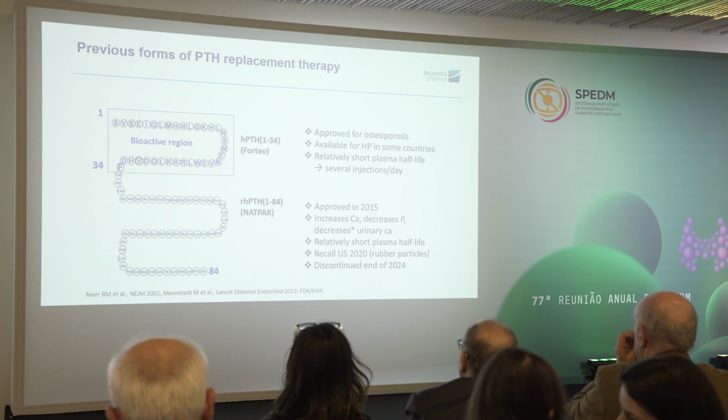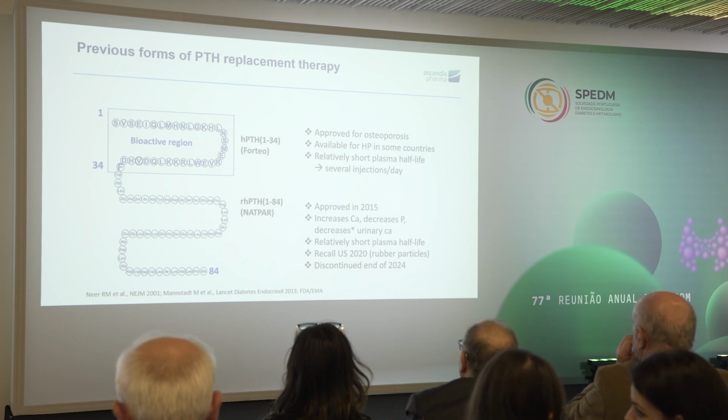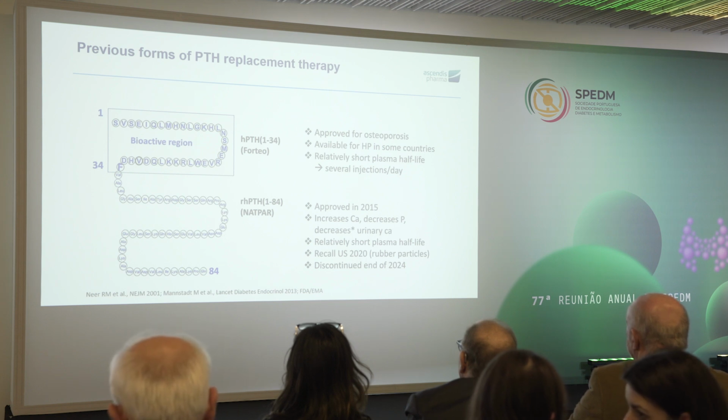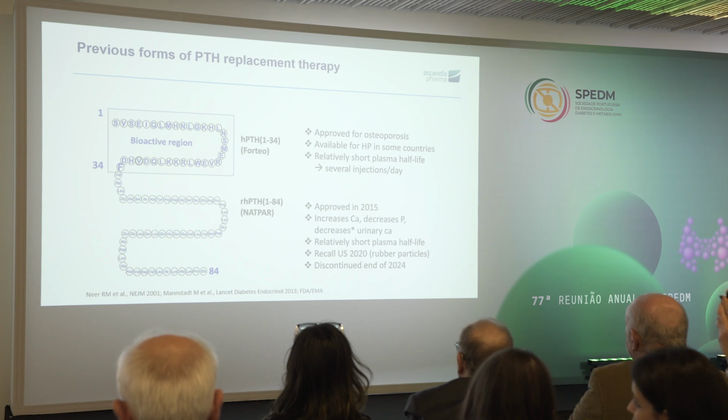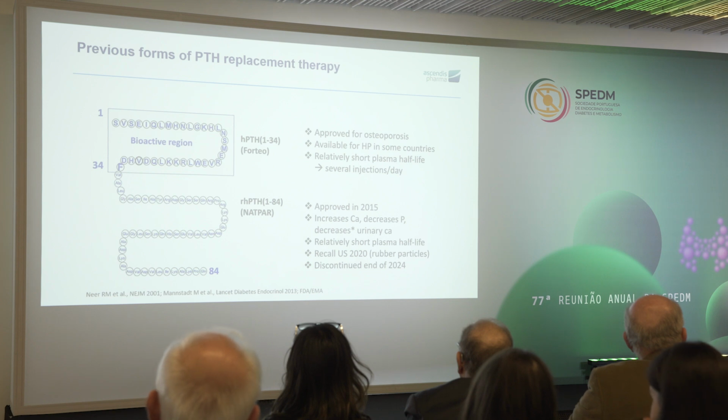And it had effects in biochemistry, but also renal effects, also skeletal effects, but it had a relatively short plasma half-life, and maybe also from a logistical point of view, the manufacturers decided to not pursue the production of this product anymore, and it was recalled in the US and also 1.5 years ago in Europe.